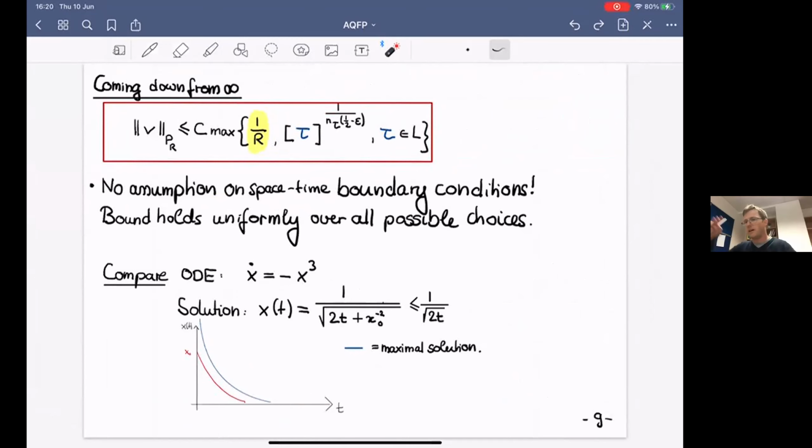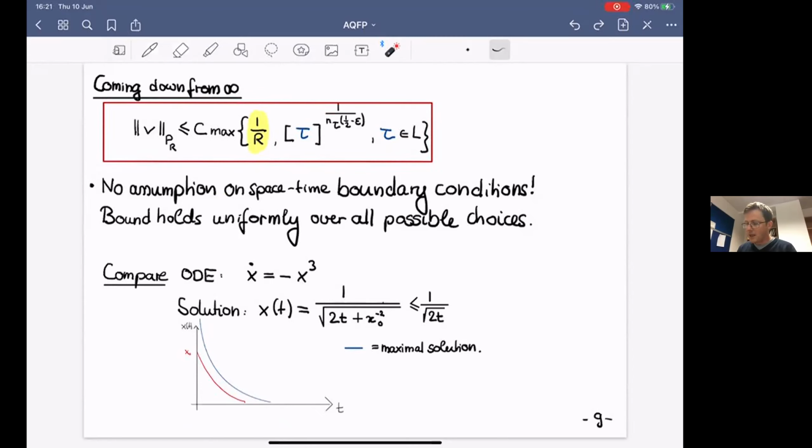If the function is defined or not doesn't matter. The point is that you get an estimate which is uniform over whatever happens outside of the cylinder. Of course, this is very useful if you want to get to large times, or if you want to go to infinite volumes. You can just place your cylinder wherever you want.